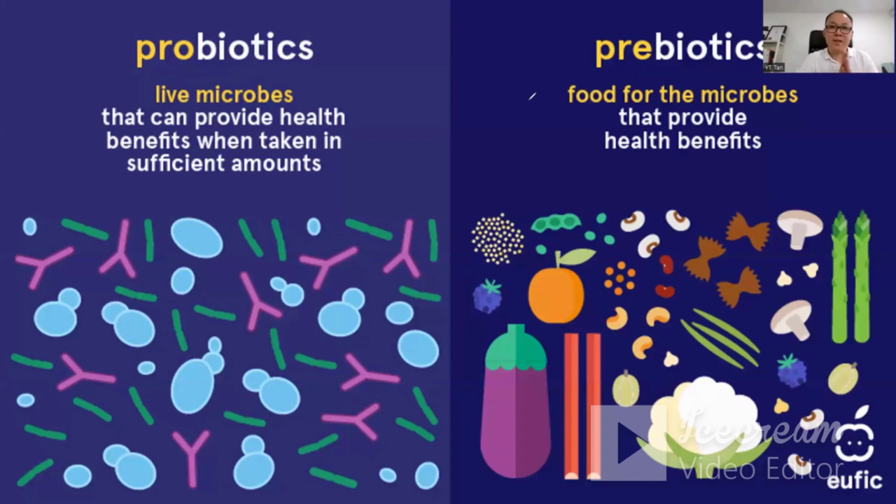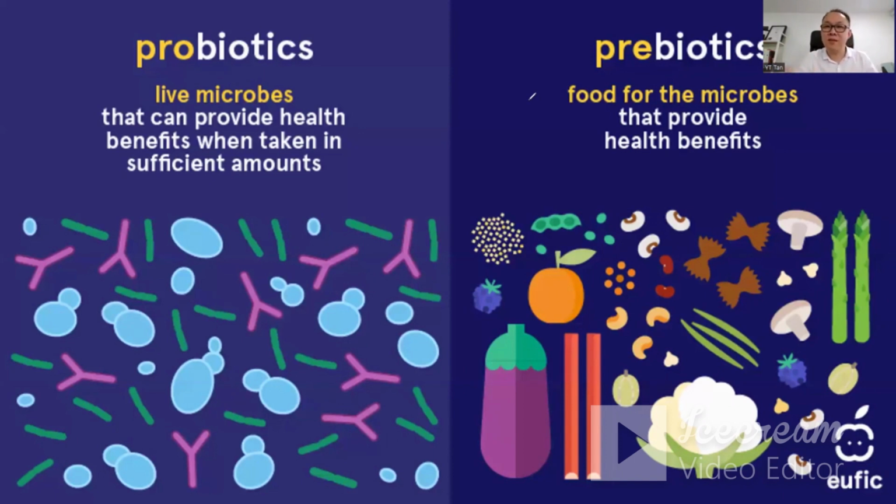You must remember one thing: the body has enzymes to digest the carbohydrates. So before the carbohydrate reaches the colon, it has been fully digested. There's nothing left for your probiotics, nothing left for your colon.